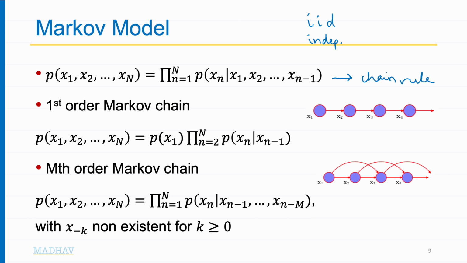Okay, clear? Let's now come to this one. Here there is an assumption involved. We have said that P of xn given xn minus 1, xn minus 2, and so on up to x1 is reduced to simply P of xn given xn minus 1. We have removed the dependence on xn minus 2, xn minus 3, and so on.